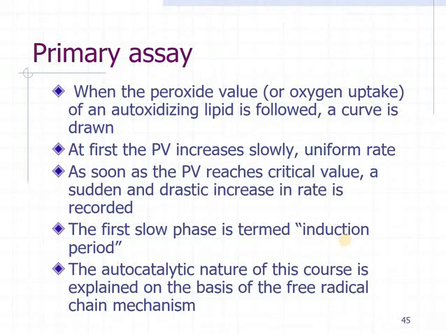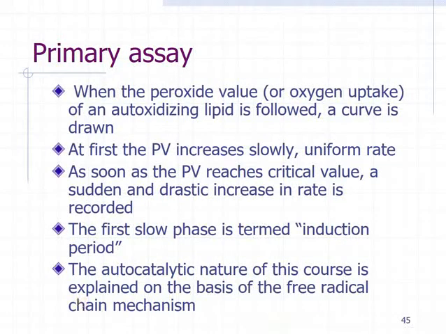There's also the addition of oxygen, but once it gets to the propagation step, the peroxide production increases at a higher rate. So the first slow phase of formation of peroxide is known as the induction period.